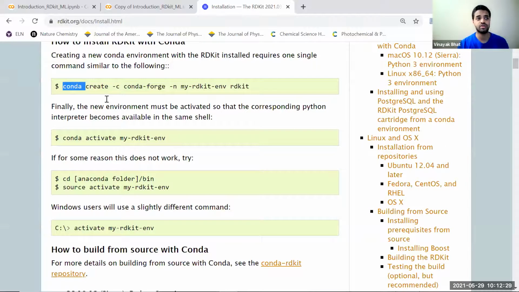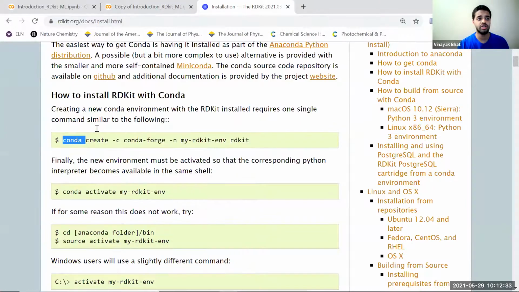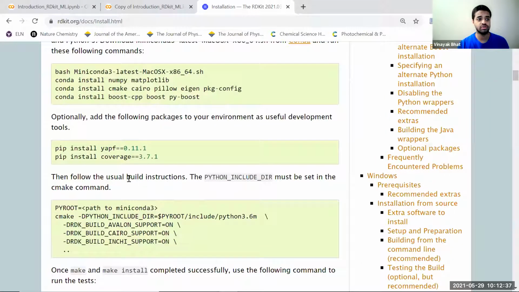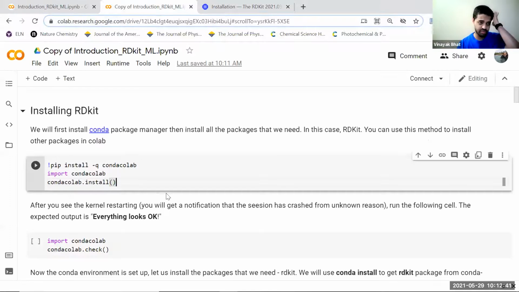Conda is a package managing software that you can use, and you see that it needs conda install. By default there's no conda installed in Google Colab, so we would need to install conda, and this is how we would install it.